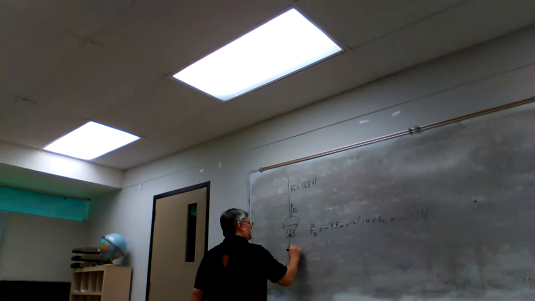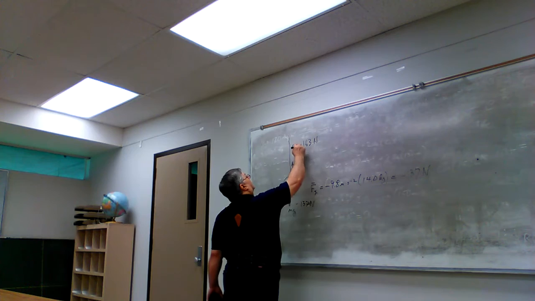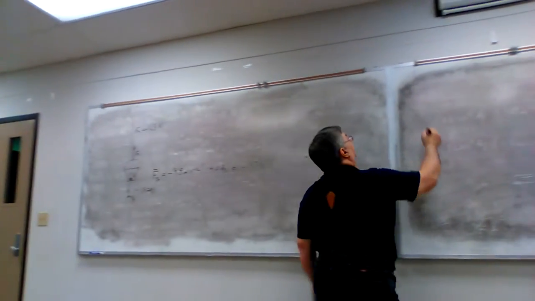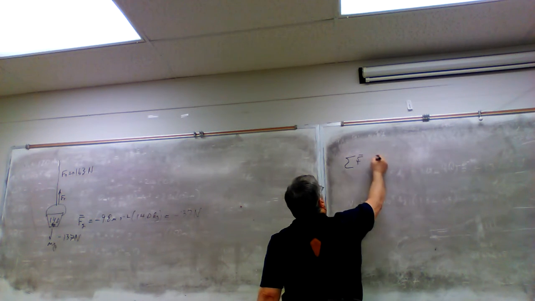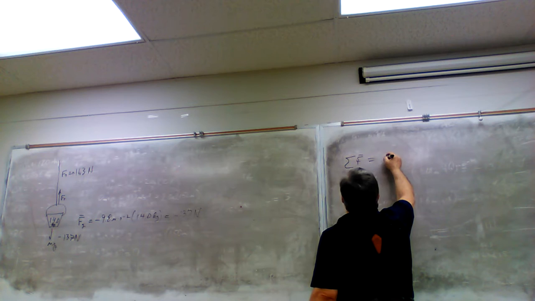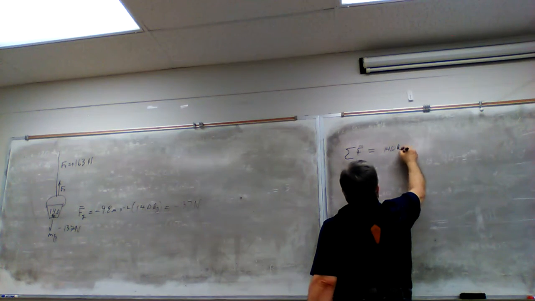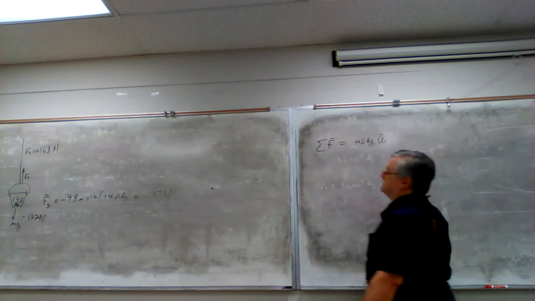So we've got minus 137 newtons pulling down, plus 163 newtons pulling up. The vector sum of the forces is equal to the mass, 14.0 kilograms, times its net acceleration.